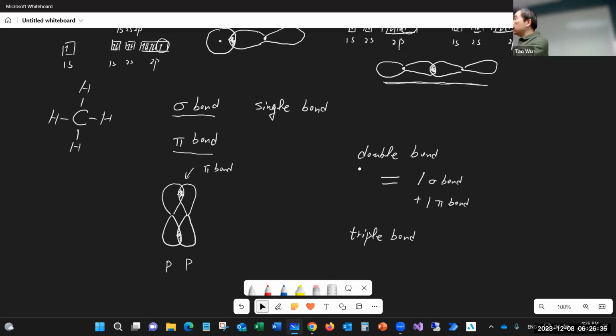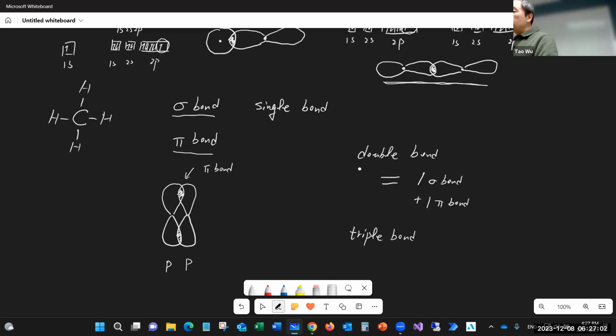If you have multiple single electrons in the p orbital, they may have a chance to make a sigma bond, and also a chance to make a pi bond. That's why sometimes you have a triple bond, sometimes a double bond.